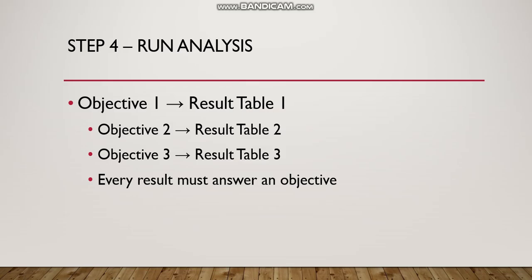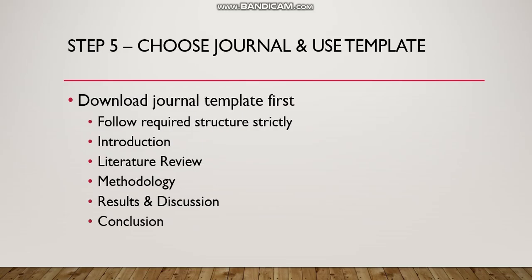Every result must answer an objective. Try as much as possible to remove items that do not directly answer your objectives, to avoid explaining why you included an output you don't need.